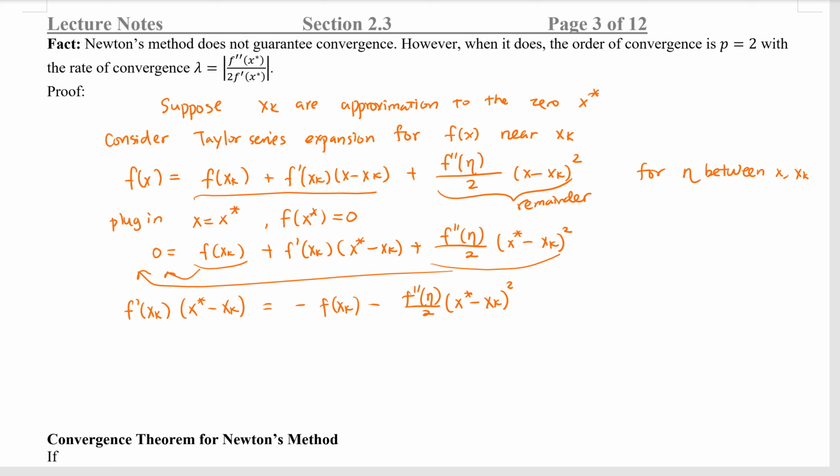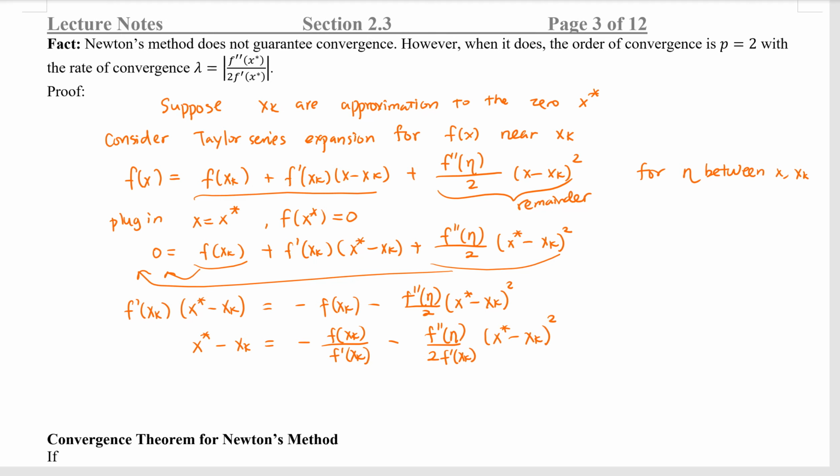So far so good, everybody? Now let's divide by f prime of xk. Then on the left we have x asterisk minus xk equals minus f xk over f prime of xk, minus f prime prime eta over 2 f prime of xk, and here we have x asterisk minus xk squared.